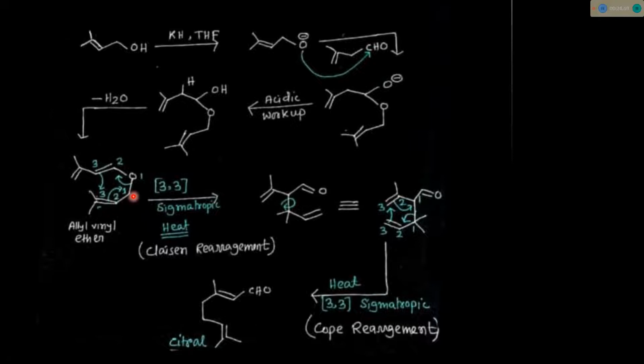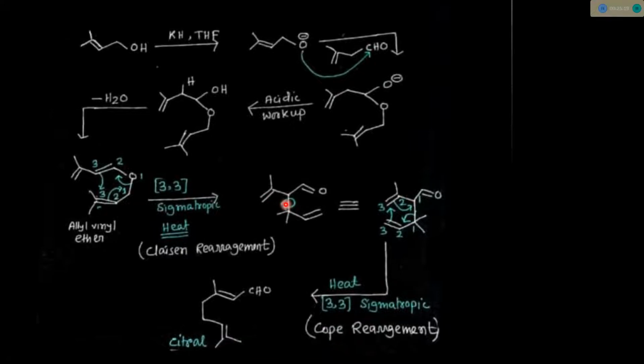This is carbon 1, 2, 3, and this is 1, 2, 3. In this 3,3 sigmatropic rearrangement, the bond between 1 and 1, this carbon and oxygen, will break and a new bond will form between 3 and 3. After the Claisen rearrangement we will get this product.